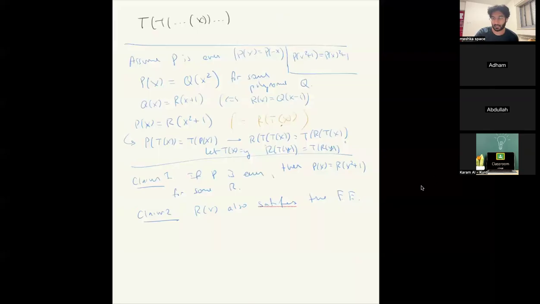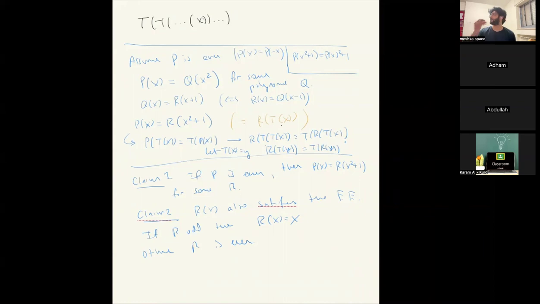I think now maybe we can say that R is either even or odd. If R is odd, then R of x equals x, and otherwise R is even. Okay. So now we have a new S such that S of x also satisfies the functional equation, and S of x squared plus 1 equals R of x.